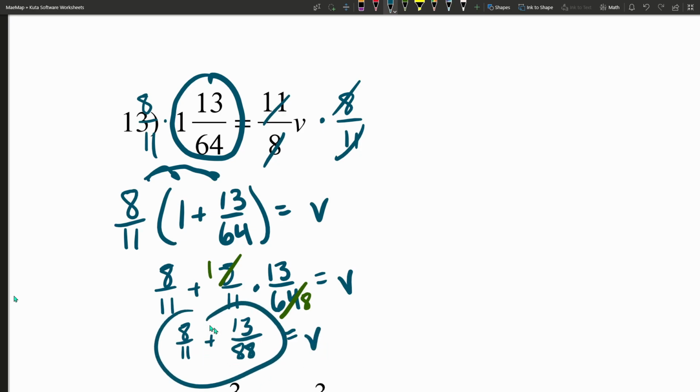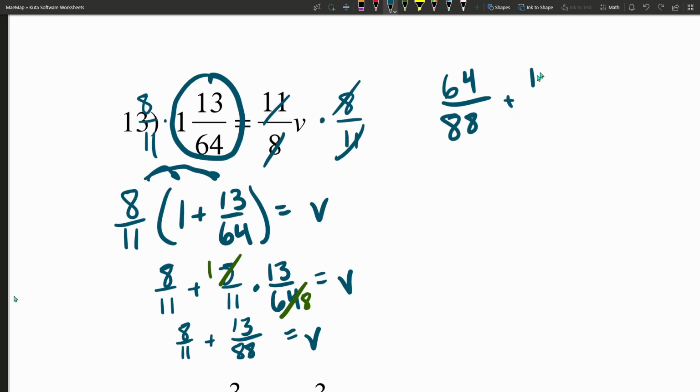Now, in order to add fractions, what do we need? We need a common denominator. So in order to create that common denominator, I'm going to need to multiply both my numerator and my denominator by 8. That's what's going to give me 88. So 8 times 8 is 64 over 11 times 8, which is 88.